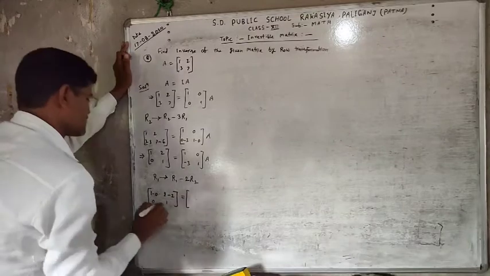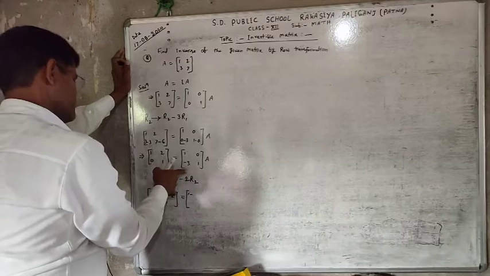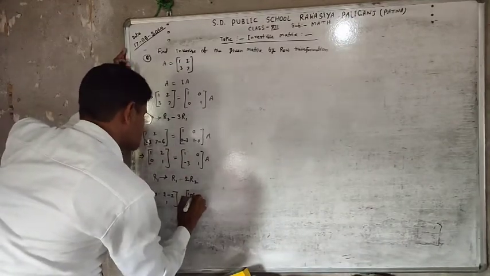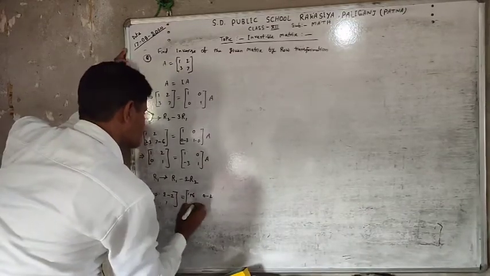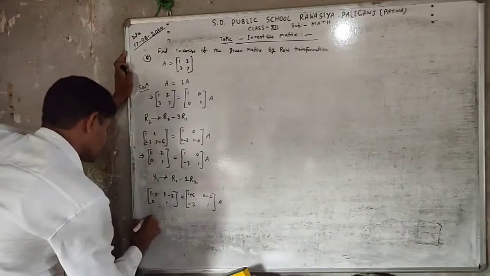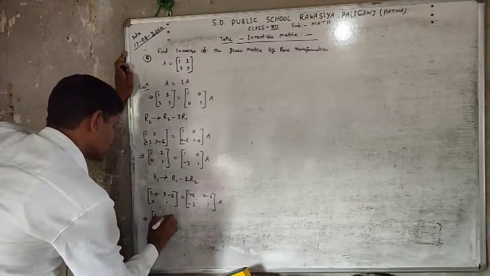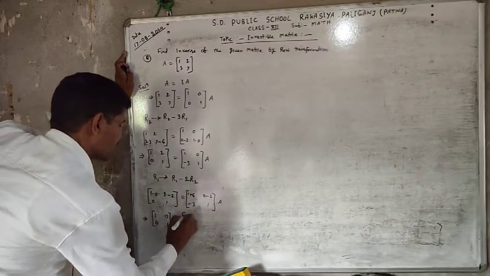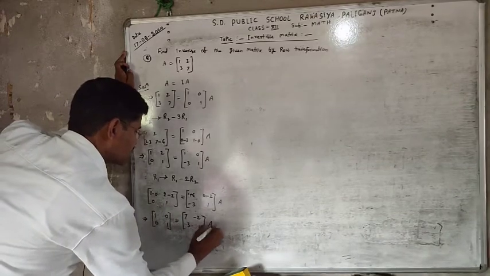The same process is applied in the RHS. 1 minus minus 3 into 2 equals 1 plus 6, which is 7, and 0 minus 1 into 2 equals minus 2, and minus 3 and 1, into A. This implies 1 minus 0 equals 1, 2 minus 2 equals 0, 0 and 1. The RHS is 7, minus 2, minus 3 and 1, into A.